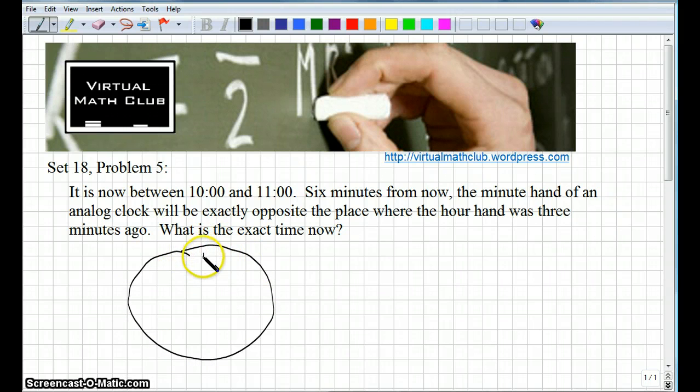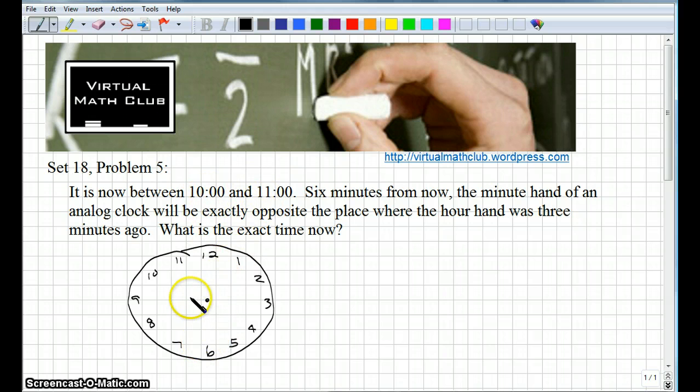So we have 12 up here, 6 down here, we have 3 over here, and we have 9, 10, 11, we have 1, 2, 4, 5, 7, and 8. Okay, so that kind of looks like a clock. And then we have the center here where the hands are attached. And we know that the hour is between 10 and 11.